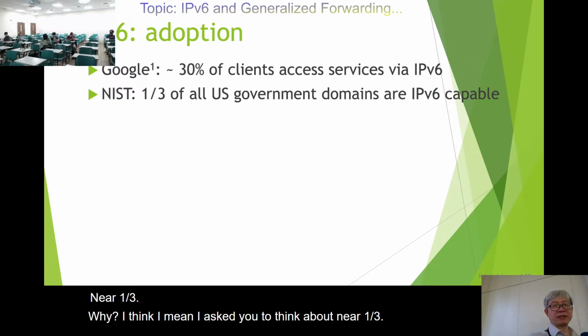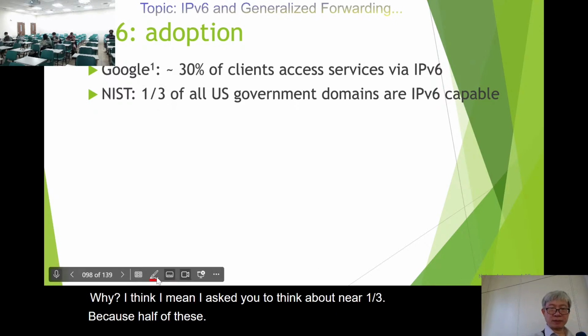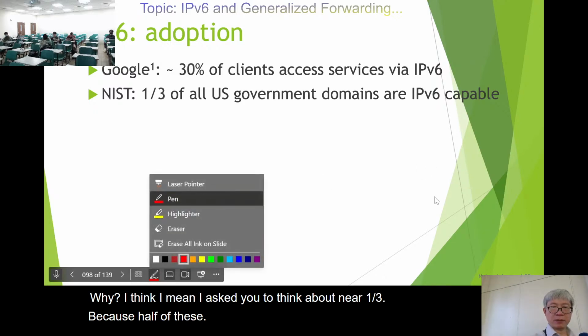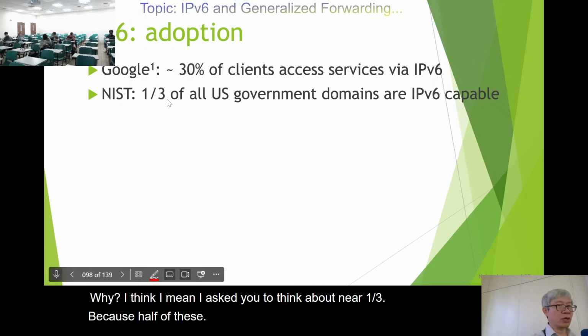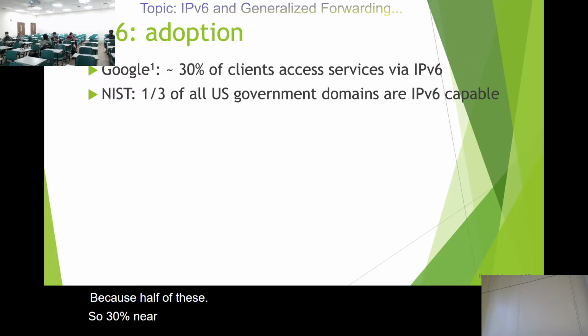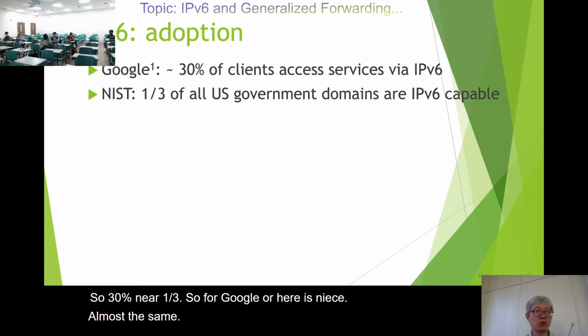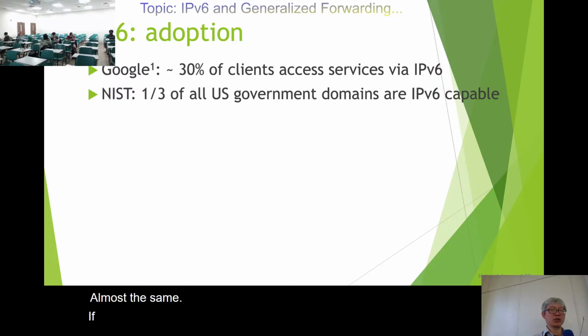Because of this. So 30%, near 1/3. For Google, and here is NIST, almost the same. If we use 1/3 to represent it, approximately just 1/3.